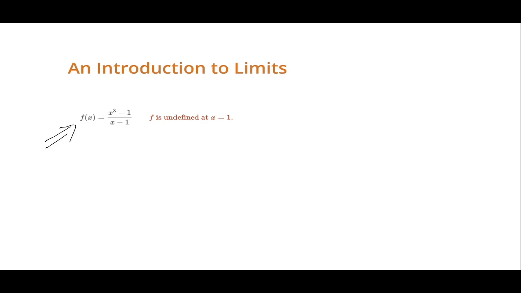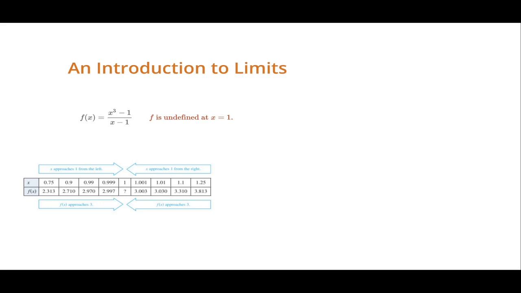Now our goal is to find the limit. If you try to plot the graph of this function, you will be able to see the function is undefined at x equal to 1. There are two ways we are going to discuss. One way is numerically: how to find the value of this function when x is very, very close to 1.